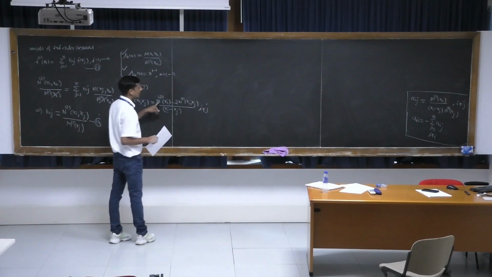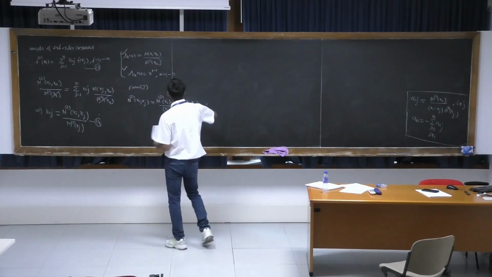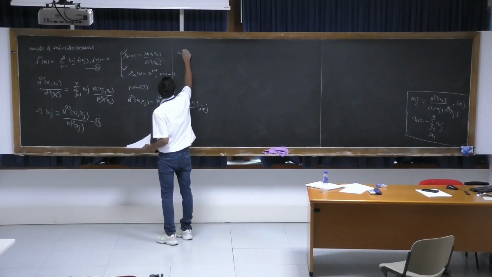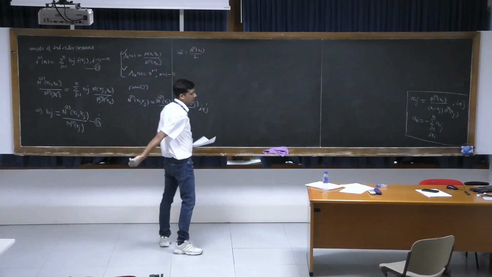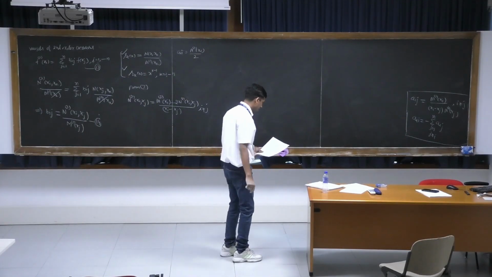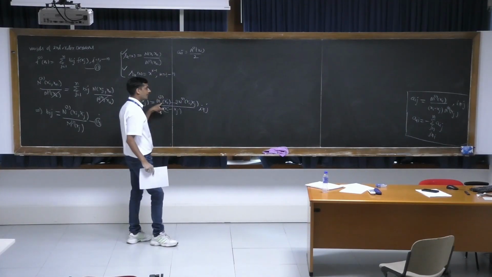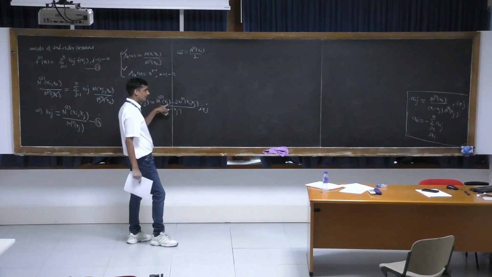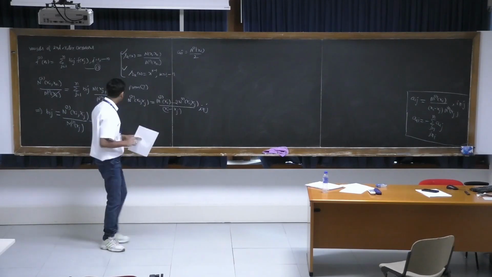here. One thing I want to tell you: in the previous one I have computed Aii is equal to M2 of xi divided by 2. This is very important here, because M2, the second derivative of M at the point xi, is very difficult to compute.